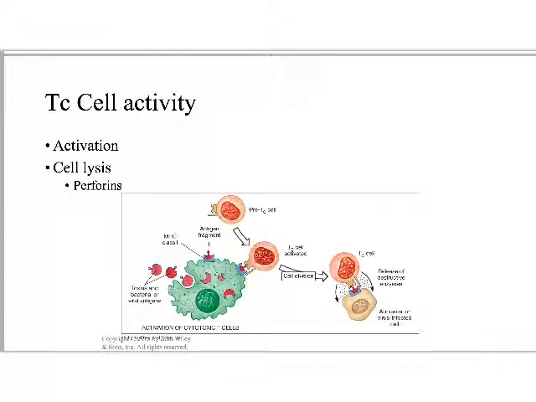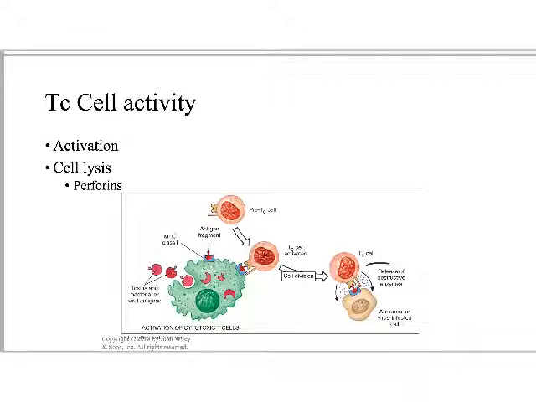Okay, now the T cytotoxic T cells, they're going to be activated with a different receptor. So it looks different. The receptor on their cell is different. But what will happen is it'll get activated, and then it'll start releasing these destructive enzymes.